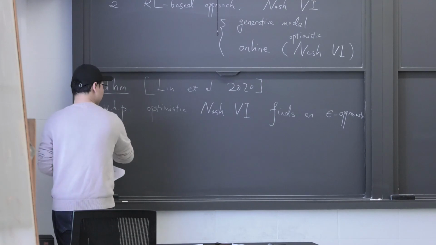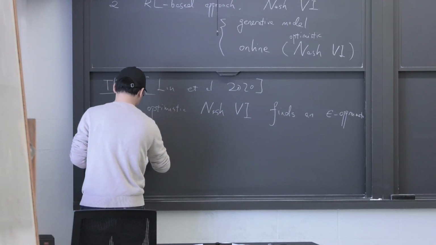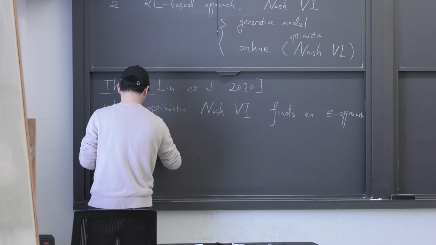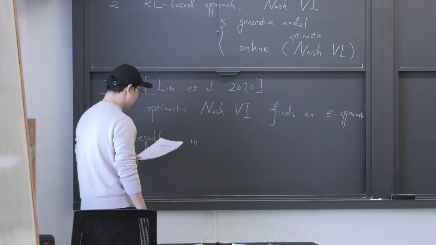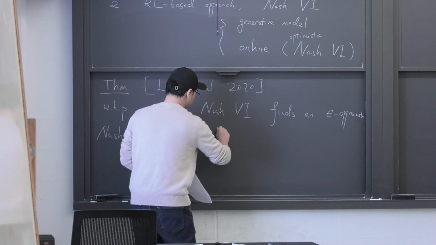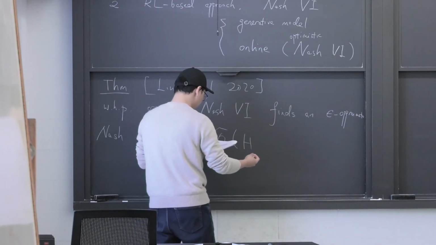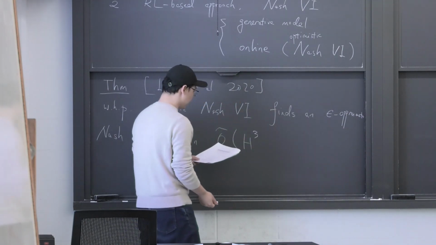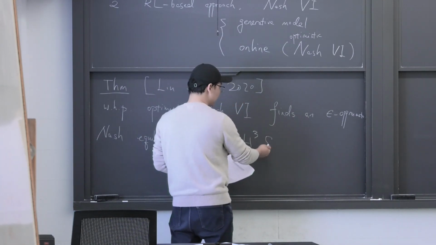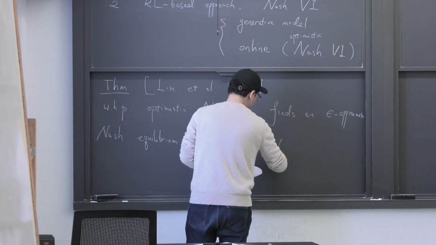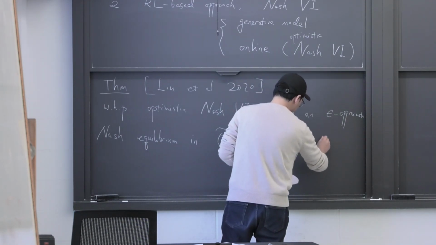Just remember, the epsilon approximate Nash equilibrium is defined in terms of duality gap. It finds it in the following number of episodes, in O tilde. Episodes is how many games you need to play. That is H cubed, again some polynomial dependence on the horizon, and a state dependence S, this is a tabular setting, times A and B over epsilon squared episodes.